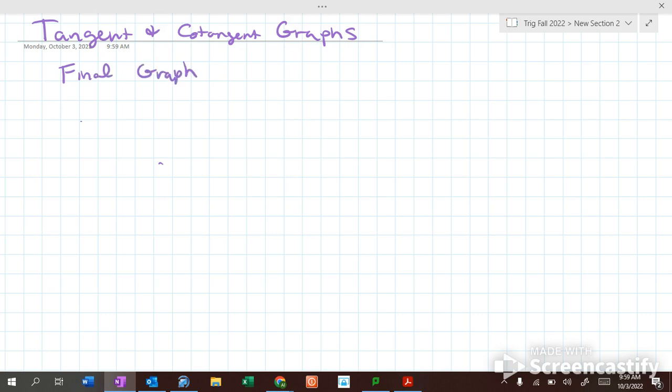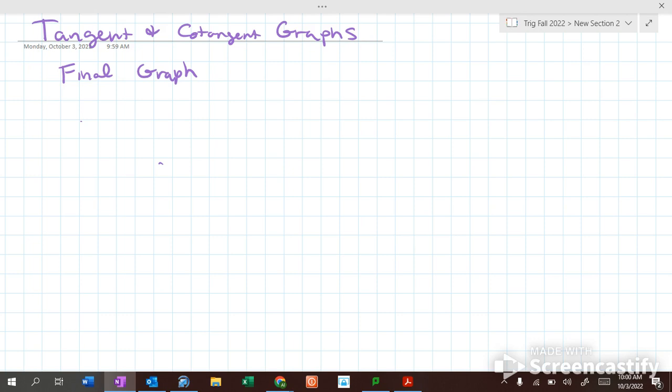Okay? So we're going to figure out where the points are and then manipulate them from there. So we're going to look at the tangent graph and the cotangent graph and just graph those. And then we'll do the plus and minus and 3 times skinnier and this and that and the other thing. And then I'll show you what I want in the end.